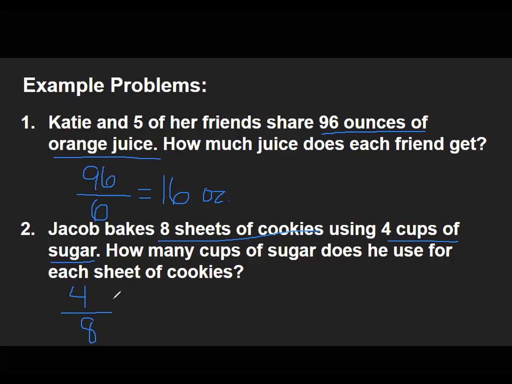Well, I know that 4/8 is equivalent to 1/2 because I could divide my numerator and my denominator by 4. 4 divided by 4 is 1. 8 divided by 4 is 2. So that's showing me that each sheet of cookies is going to get 1/2 cup of sugar.